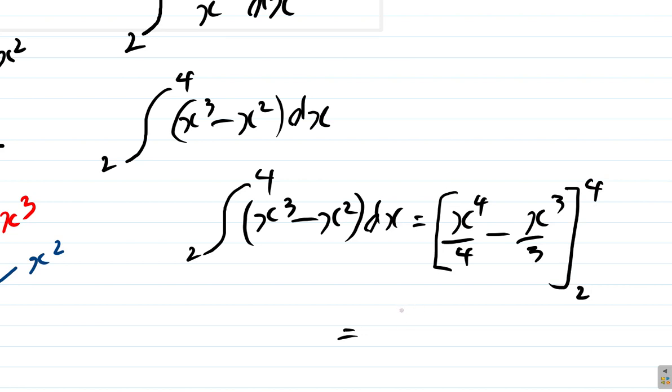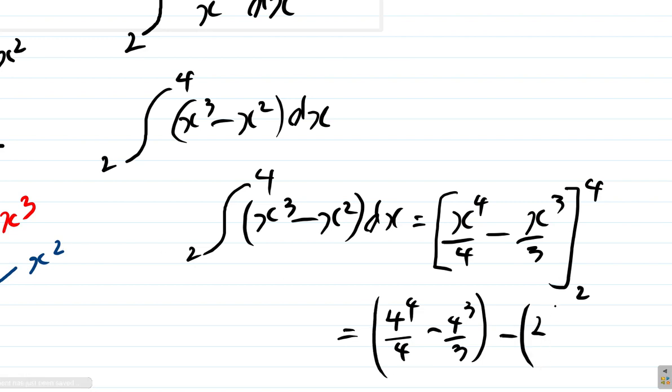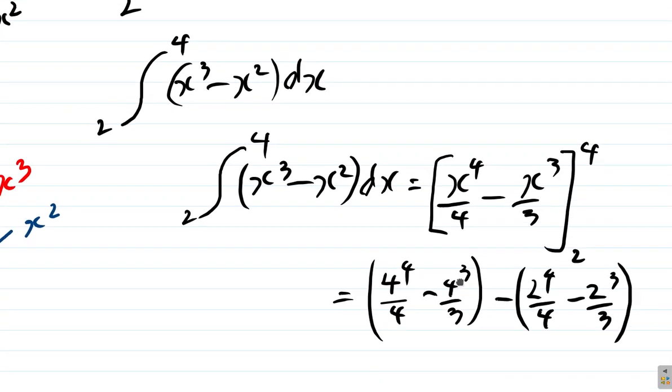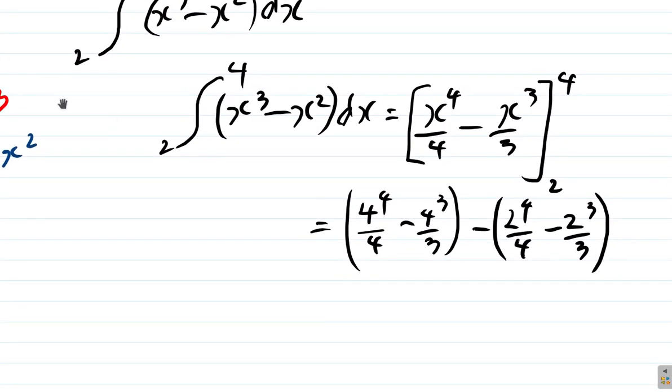So this is 4 raised to the power of 4 over 4 minus 4 raised to the power of 3 over 3, minus, and now you substitute 2: 2 raised to the power of 4 over 4 minus 2 raised to the power of 3 over 3. So you substitute for x. x is 4 over here, and then minus, and then x is 2 over here.